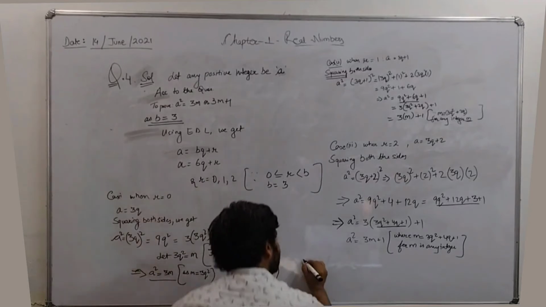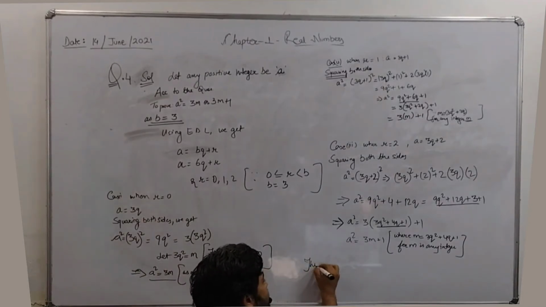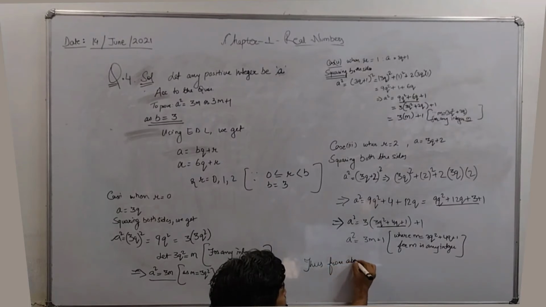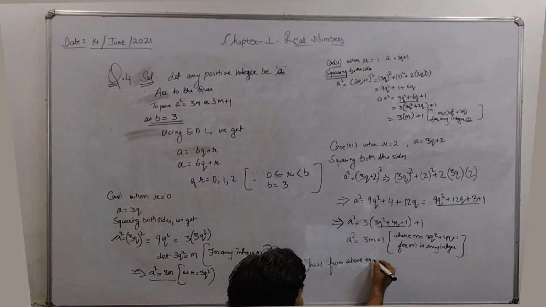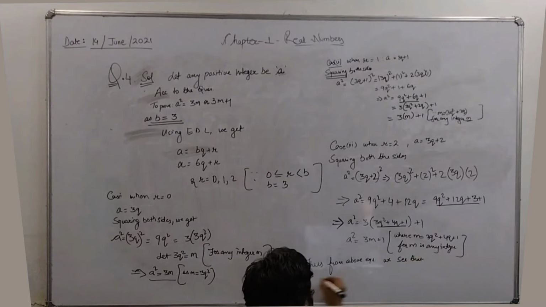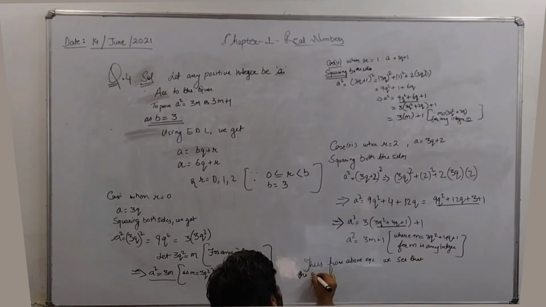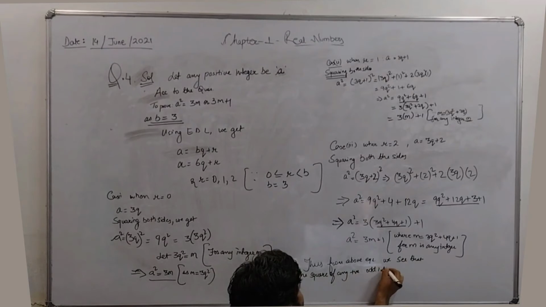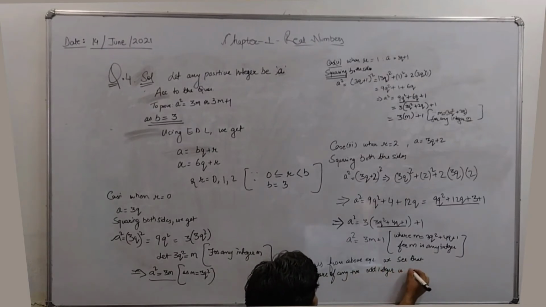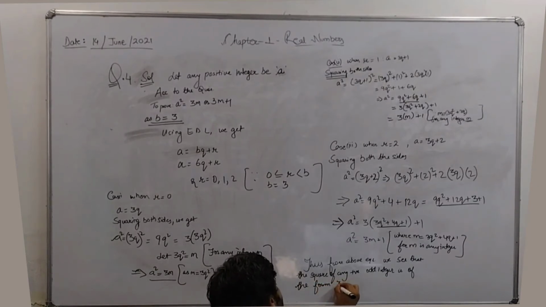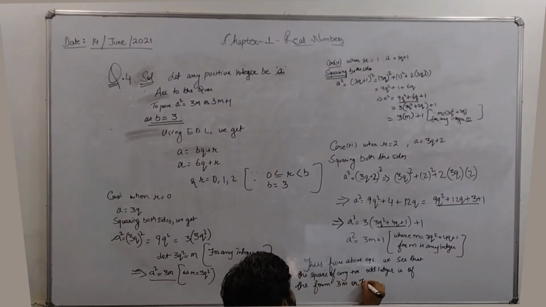Thus, in the end please do not forget to write it this way. Thus from above equations we see that the square of any positive odd integer is of the form 3m or 3m + 1.